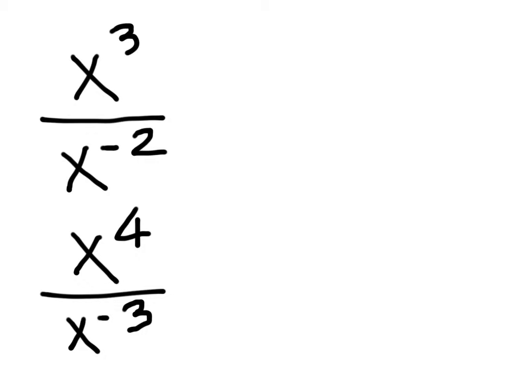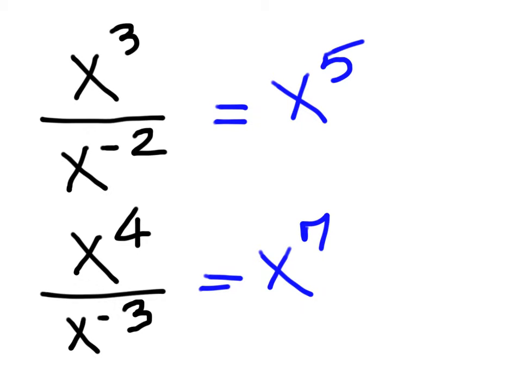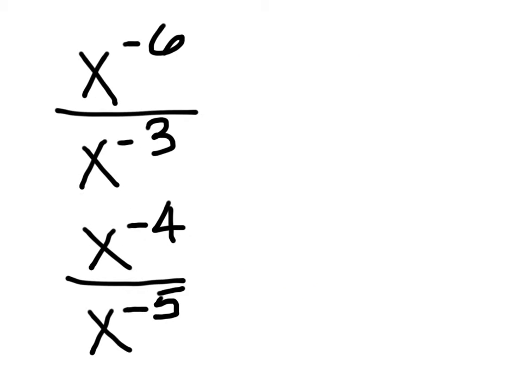X to the 3rd over x to the negative 2nd. What would this one be? Karshner. X to the 5th. X to the 5th is right. What about x to the 4th over x to the negative 3rd? What else? X to the 7th. X to the 7th, yes. X to the negative 6th over x to the negative 3rd. What would this one be?